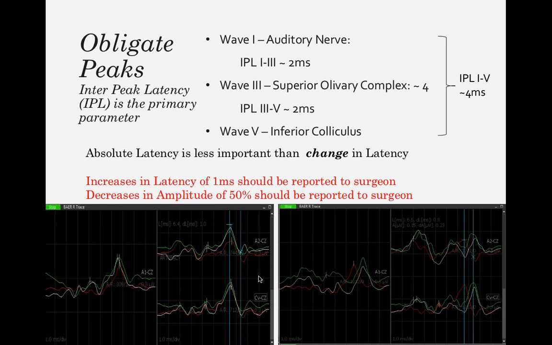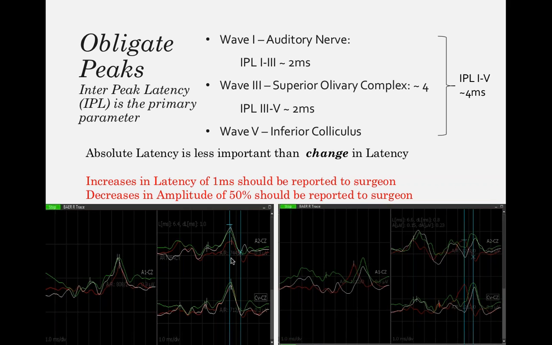So now that we have identified waves 1, 3, and 5, these are our obligate peaks, 1, 3, and 5. Waves 2 and 4, not as important as waves 1, 3, and 5. The next parameter, besides the absolute latency, so where exactly is wave 1 occurring, where exactly is wave 5 occurring, and wave 3, we have interpeak latencies.